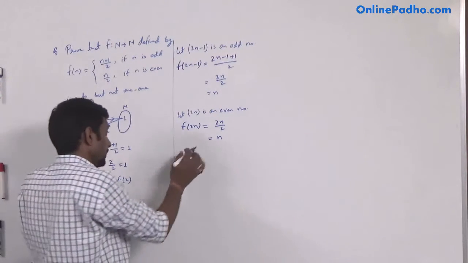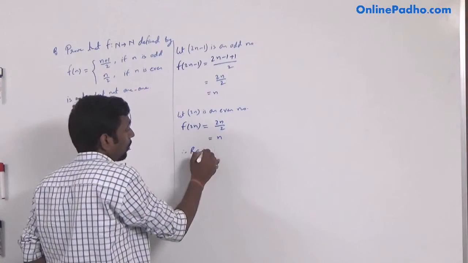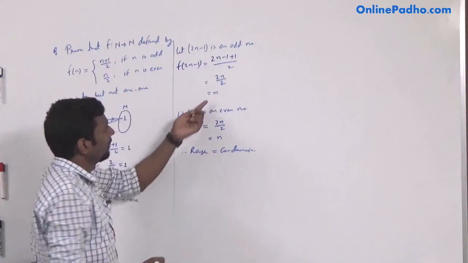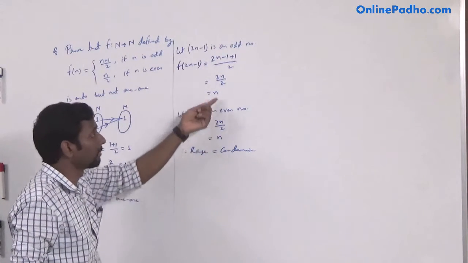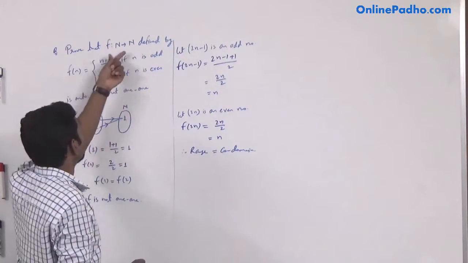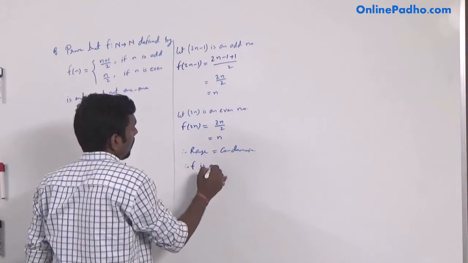So we can say that the range is equal to the codomain, because n is a natural number and is the range, and this is equal to the codomain. Therefore f is an onto function.